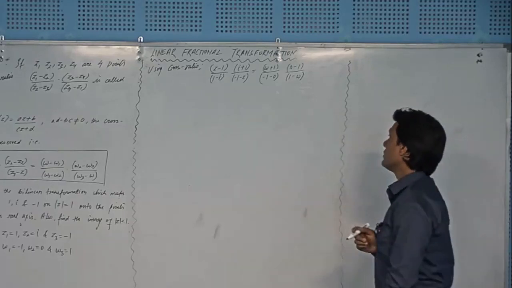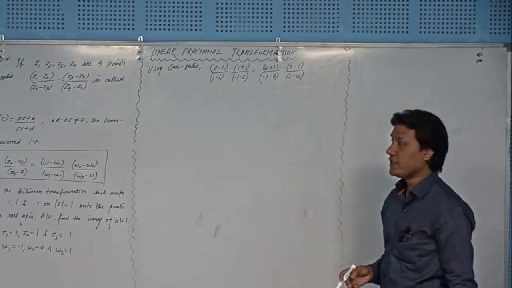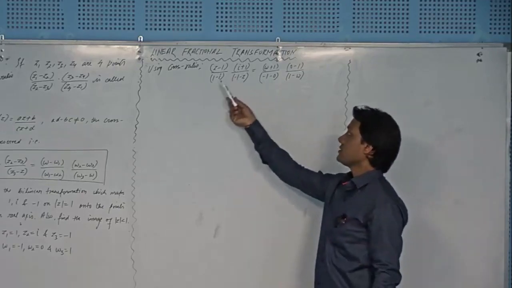So this is the relationship we obtained after applying that cross ratio, and now I will simplify this.